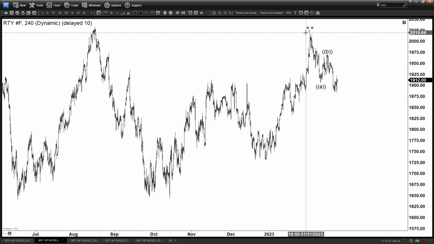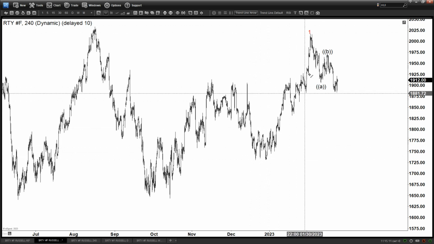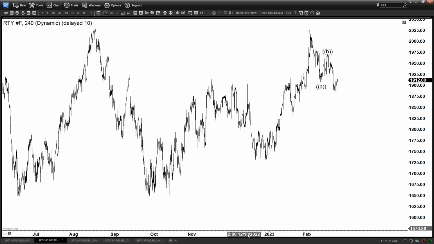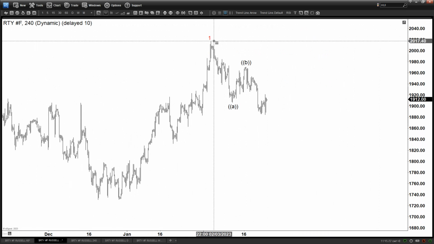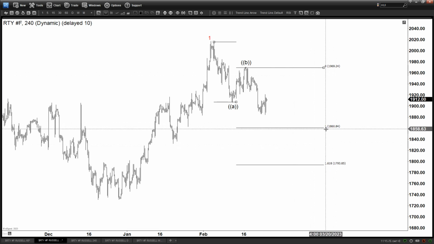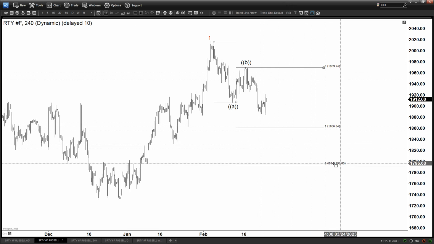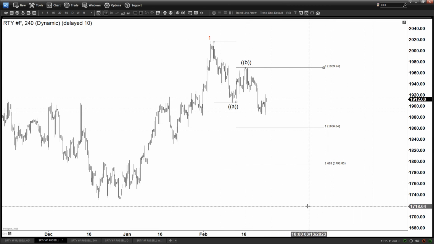We ended with 1 here, so that wave 1 should be the rally that started from last year, from December, right? 1, 2, 3, 4, 5. Now looking for wave 2. If we do the projection of the A and the B, you can see we can potentially go to 100%, which is 1860, and it shouldn't go to 1.618 unless it becomes 1, 2, 3, 4, 5 and becomes more bearish, right?